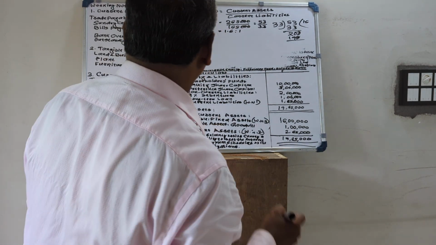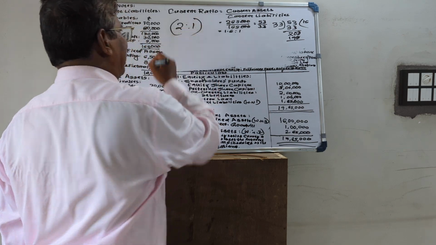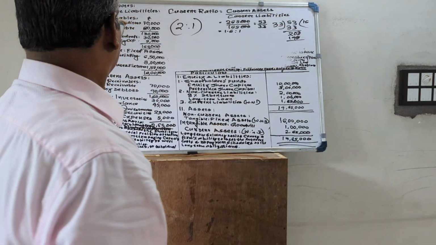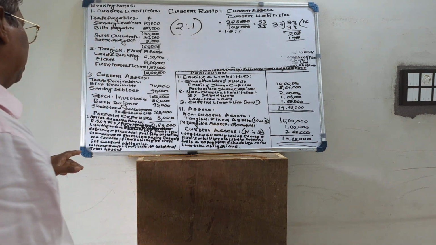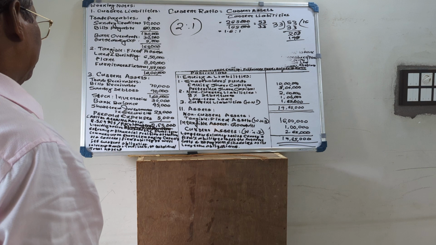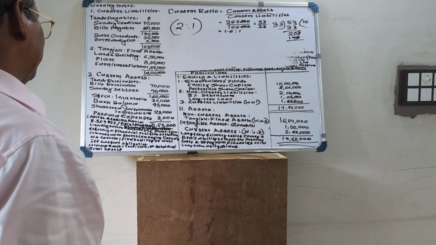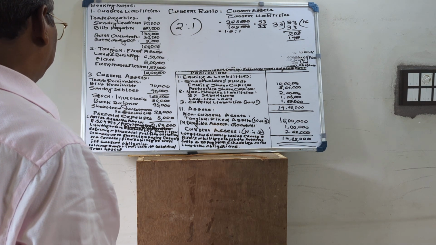The ideal ratio is always 2 is to 1. That means the current assets should be a minimum of twice the current liabilities in order to prove the short-term solvency of the firm. So the firm is in a liquid status; it is in a position to pay its short-term obligations.